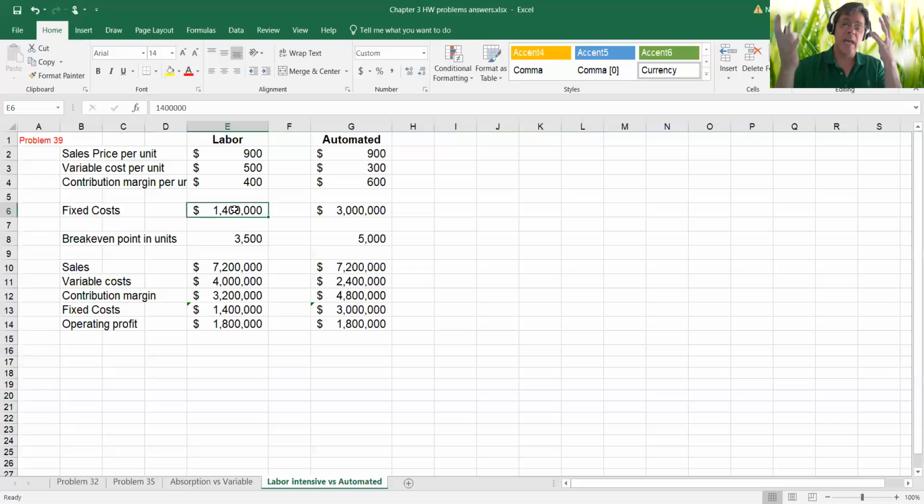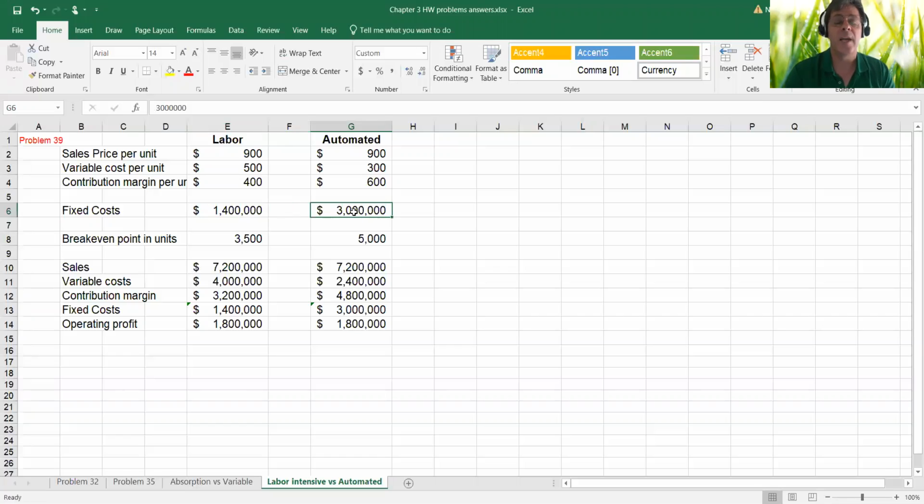But under the labor-intensive process, you don't have as much fixed costs. You don't have as much overhead, if you will, for running machines. The employees do a lot of the work, but they are more of a variable cost than a fixed cost.